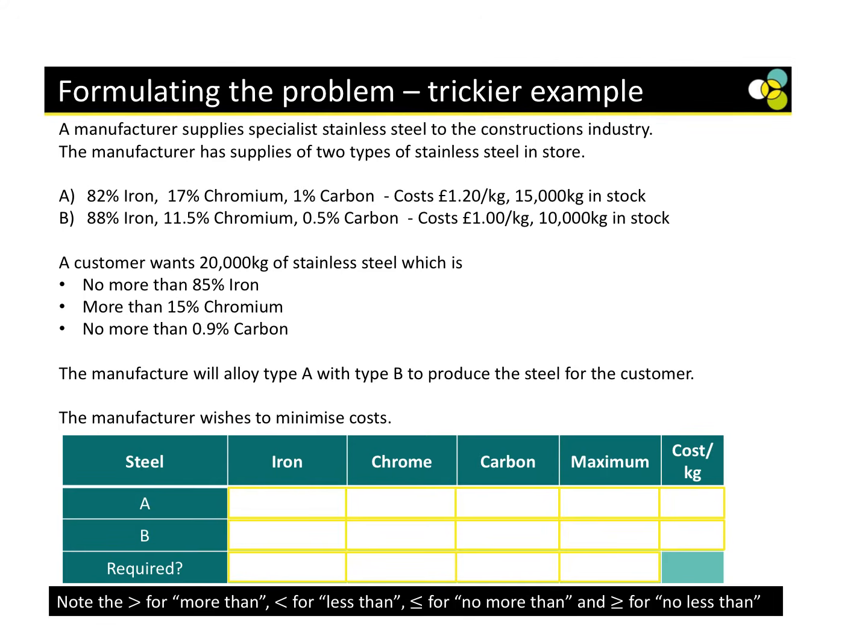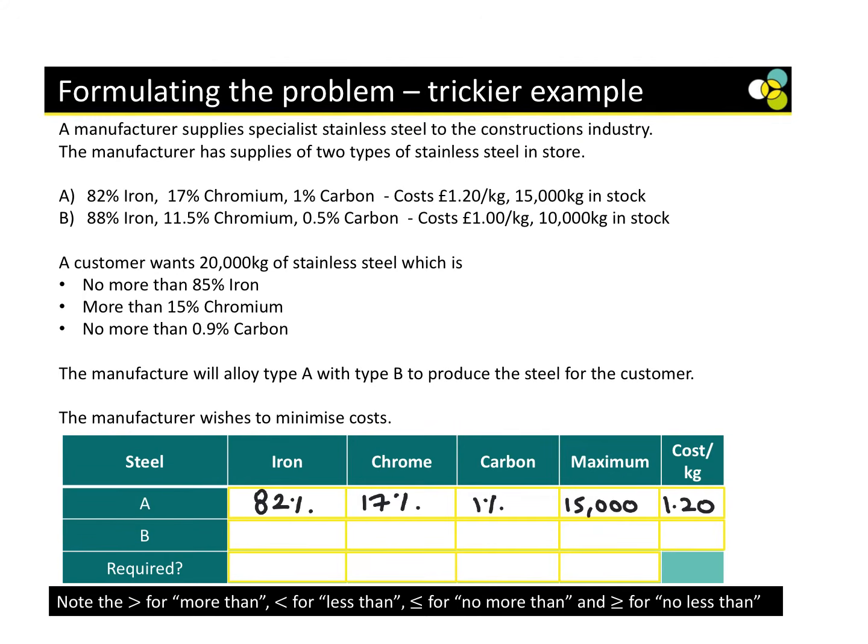Okay, so let's go. A manufacturer supplies specialist stainless steels, 2 types of steel. Steel A has how much percent iron? 82%, 17% chromium, 1% carbon monoxide. The maximum is 15,000 kilograms, and the cost is £1.20.